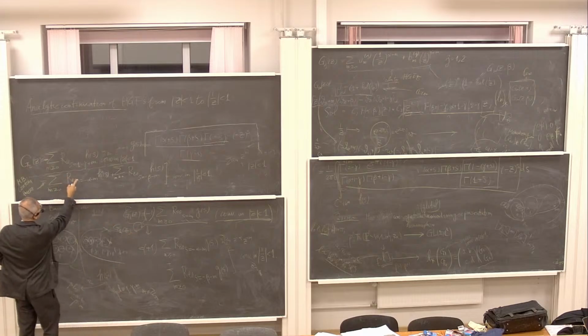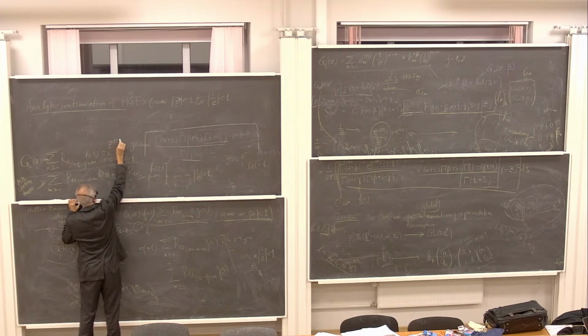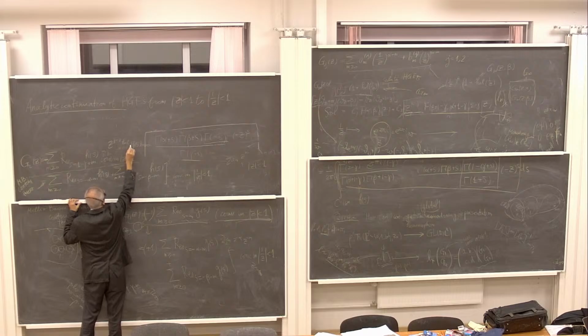G2 is something like z to the power 1 minus gamma times a holomorphic function in z.